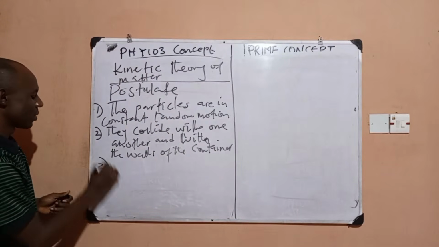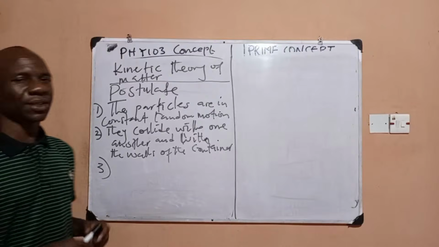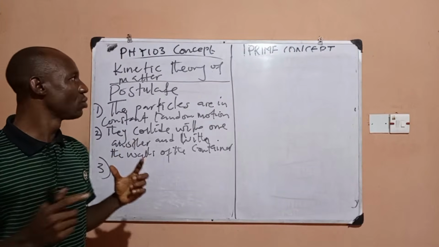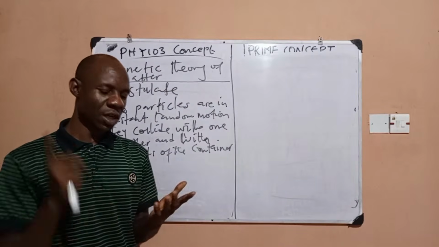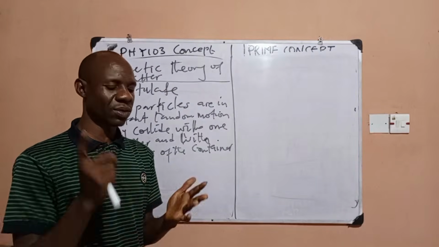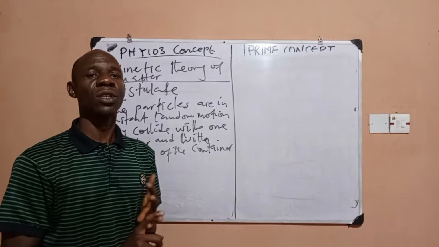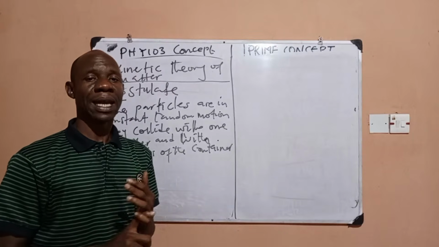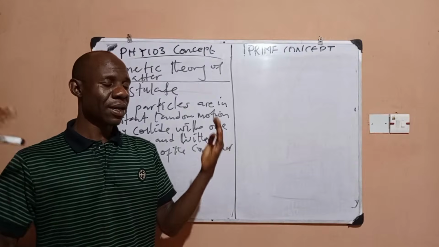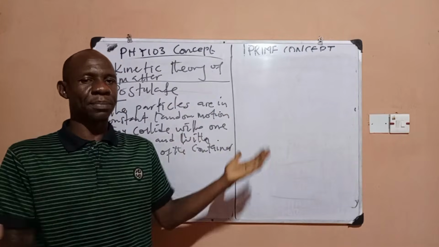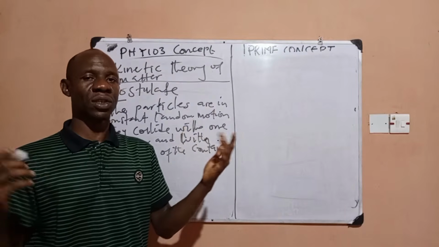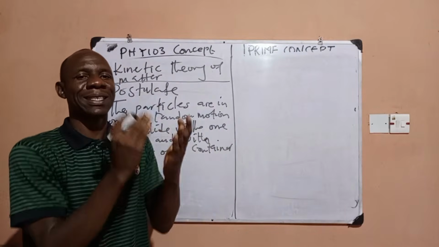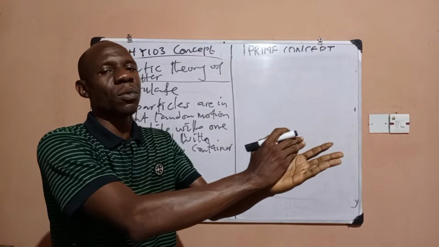Now, since they are colliding with one another, remember when you do collision, you notice that you have two main types of collision. You have elastic collision, you have inelastic collision. What is elastic collision? Elastic collision is a collision where when particles collide, they separate and move with different velocities. Inelastic is a collision where when particles collide, they stick and move together with a common velocity.